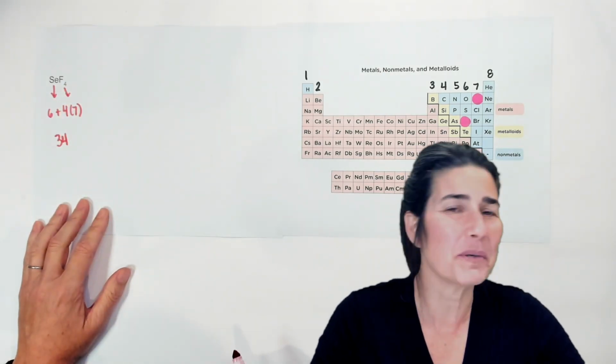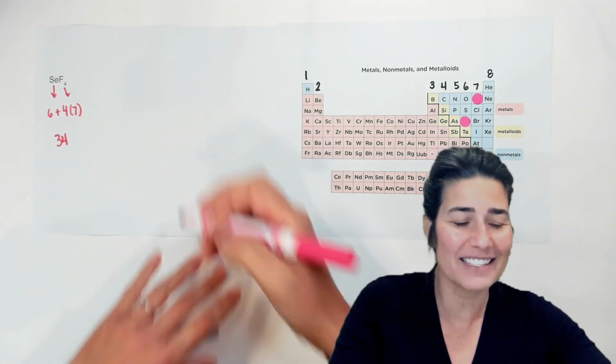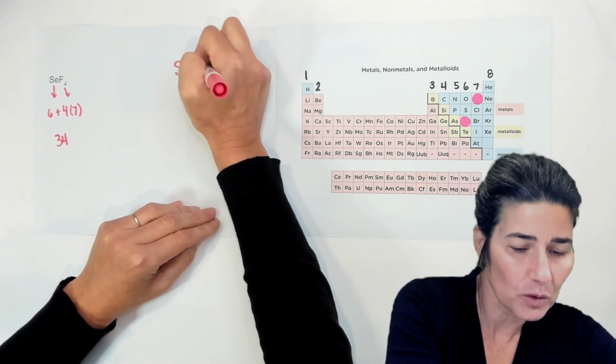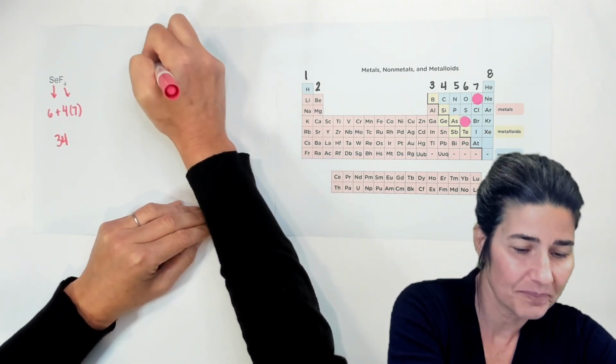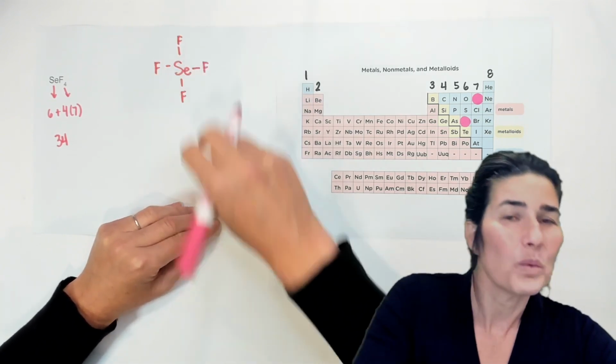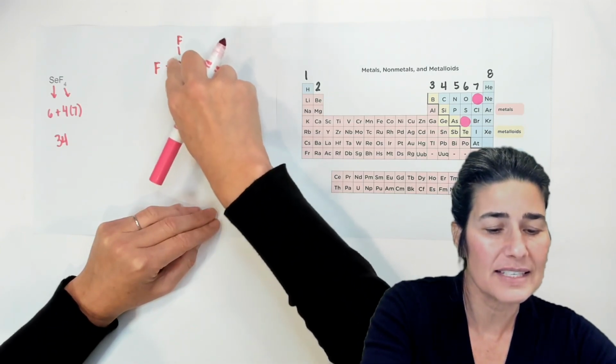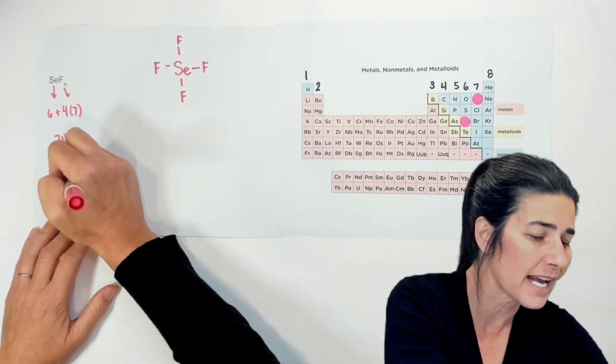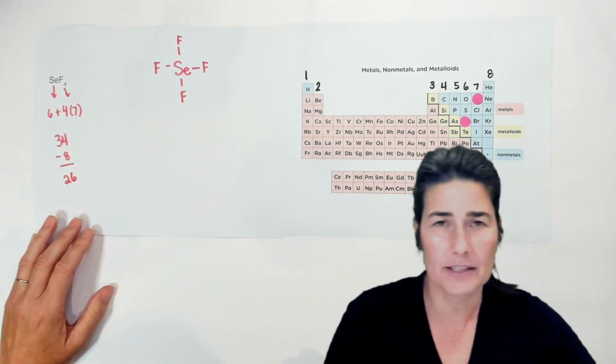Step 2, put the different one in the middle. We're going to stick selenium in the middle, and we connect the fluorines with single bonds. 3, 4. We just used up 2, 4, 6, 8. We're going to take away 8 from our tally, and we're going to have 26 left.